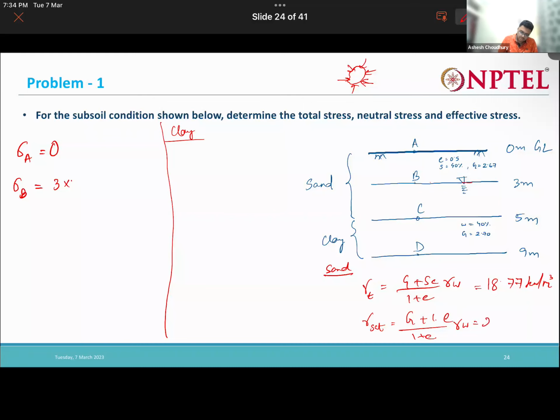It will be 20.73. Similarly, let us find out for this clay also. The clay is submerged, right?